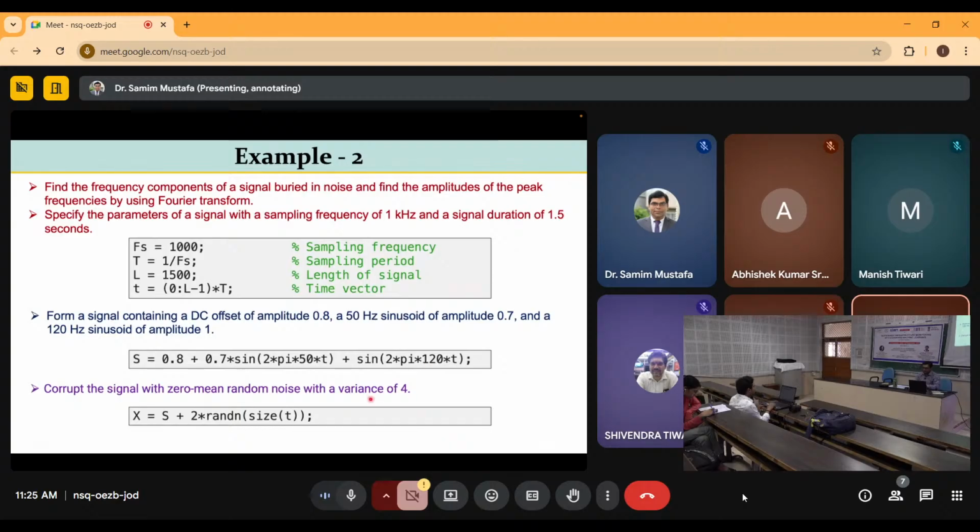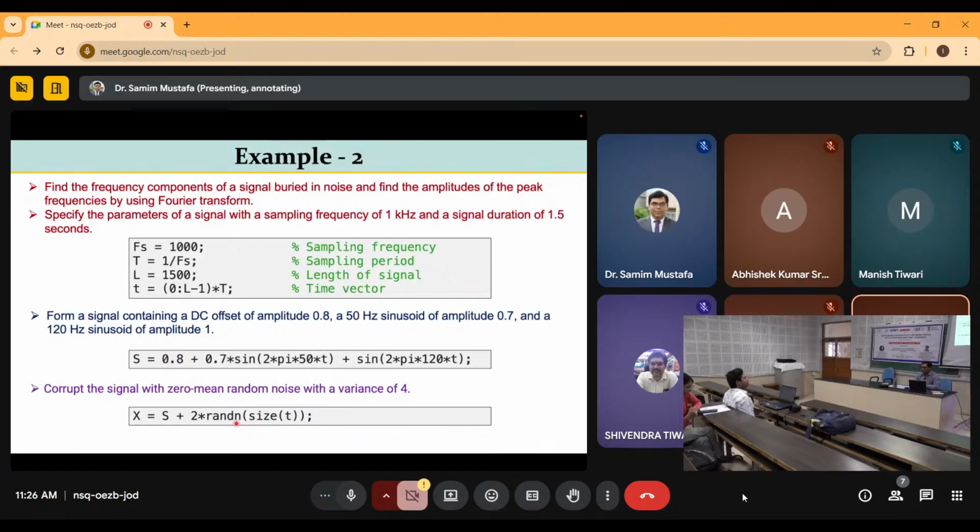Then you add some noise. randn means normally distributed Gaussian noise. Okay, if you use just rand, randomly generated noise, then it may not be normally distributed.